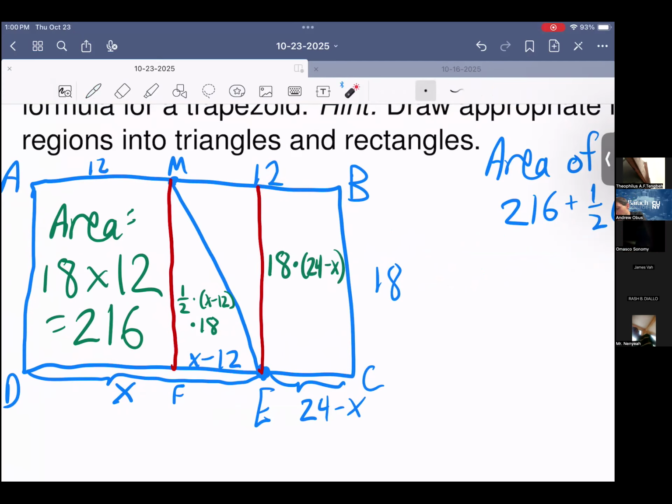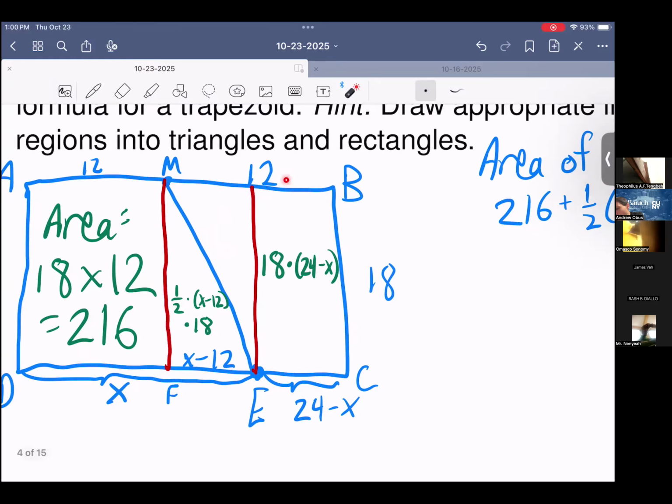Now, what about this over here? Again, we have a height of 18, but what is this? Well, we know that MB is 12, and this length is 24 minus x.